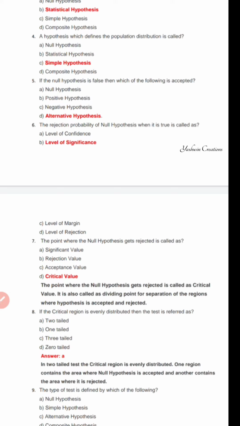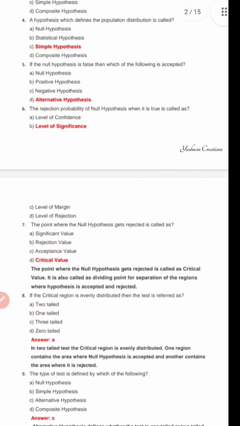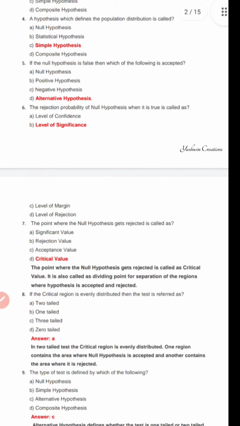The point where the null hypothesis gets rejected is called as critical value, and it is also called as dividing point for separation of the regions where hypothesis is accepted and rejected.